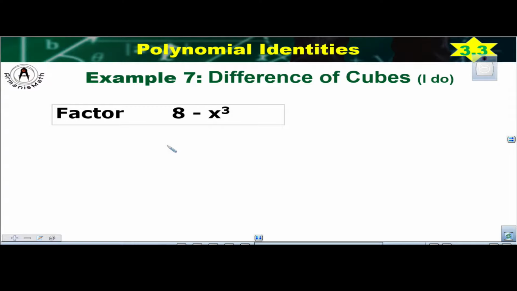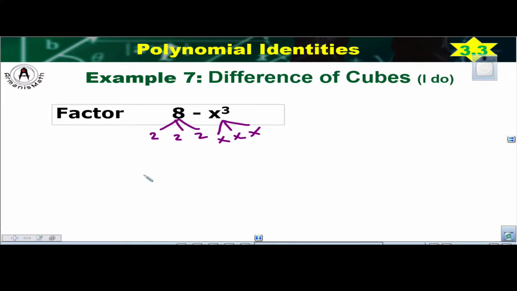Like number times itself 3 times. Okay, so this one says, well, I know if you cube the 2, you're gonna get 8. 2 times 2 times 2 gives you 8. 2 times 2 is 4 times 2 is 8. What is being cubed here? What do you think is being cubed here? The x. The x times itself 3 times gives you the cube.